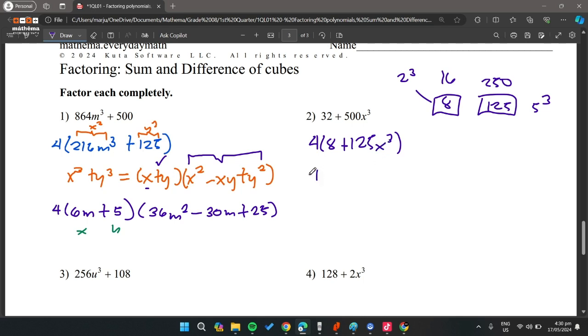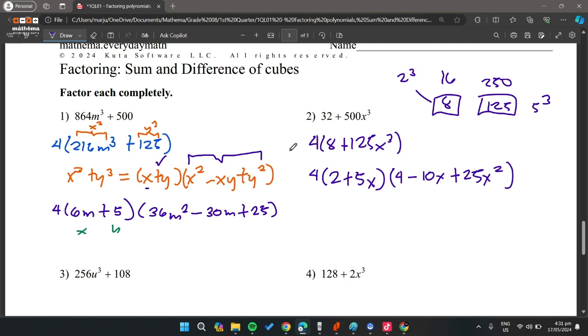So, we'll do 4 times the quantity of the cube root of 8, which is 2, plus the cube root of 125x cubed, that is just 5x, times 2 squared, that is just 4, and then minus 2 times 5x, that is just 10x, and the square of 5x, that is just plus 25x squared. So that will be now our factors.